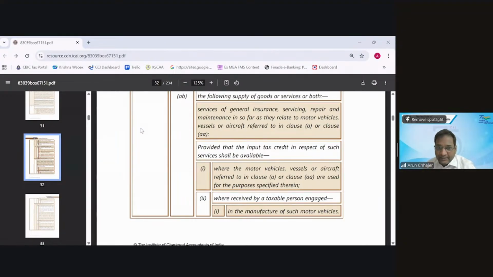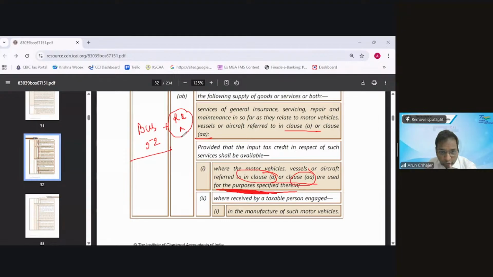I have purchased a 52-seater capacity bus and I have done the repair and maintenance. The repair and maintenance is not covered because bus is not specified in clause AAA. Second, I have not used the bus for the purpose specified in clause AAA.